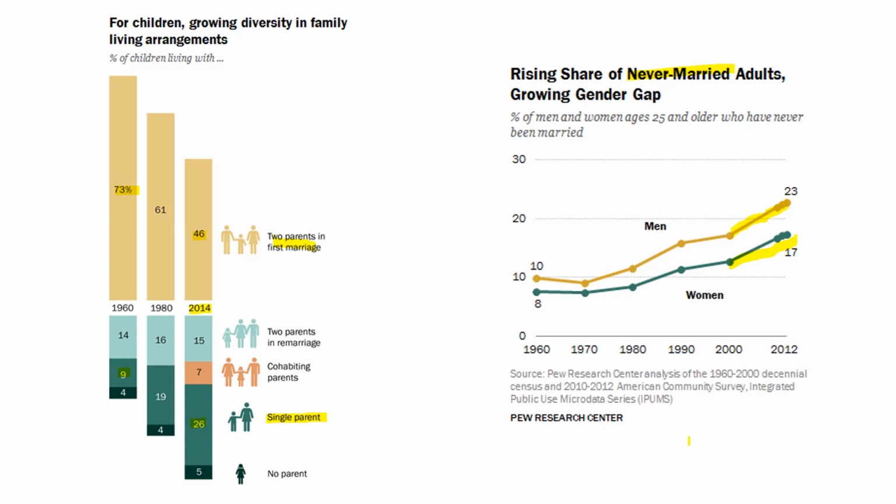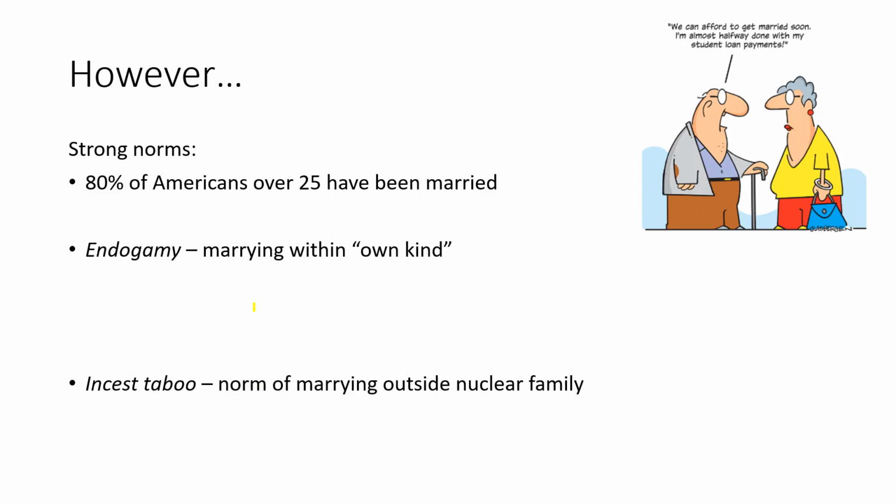So we've already crossed that threshold. Big however, even in the United States, there's strong norms as far as marriage, very strong institution. 80% of Americans over 25 have been married. It still tends to be the ultimate goal in a relationship to get married, somewhat of the gold standard of a relationship.